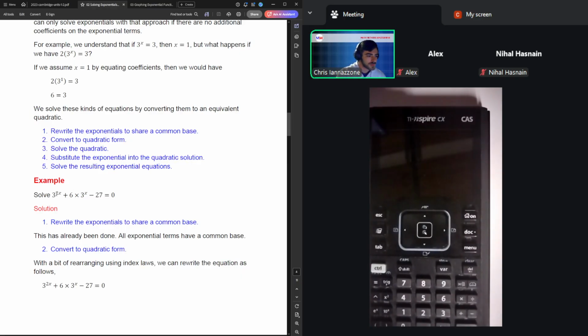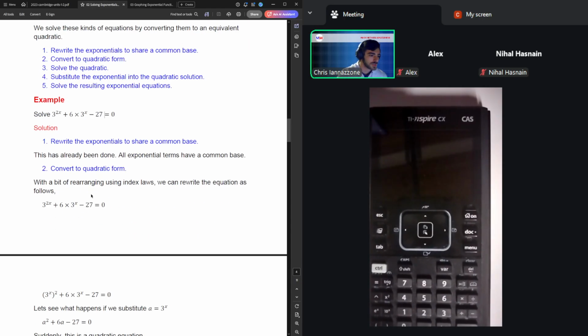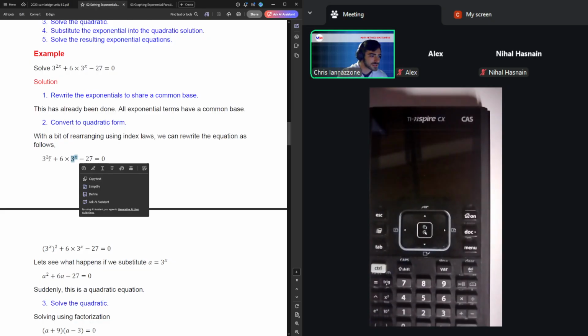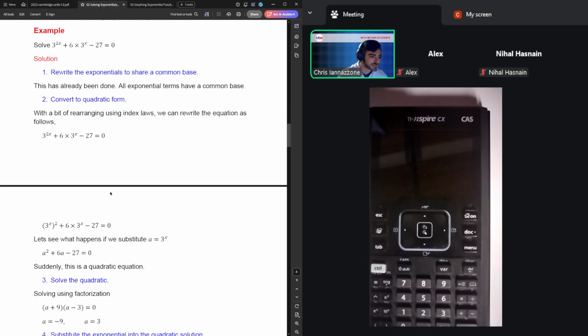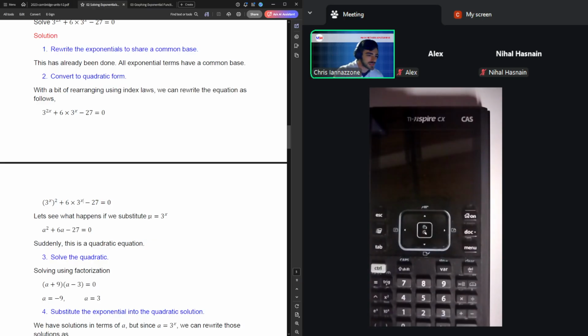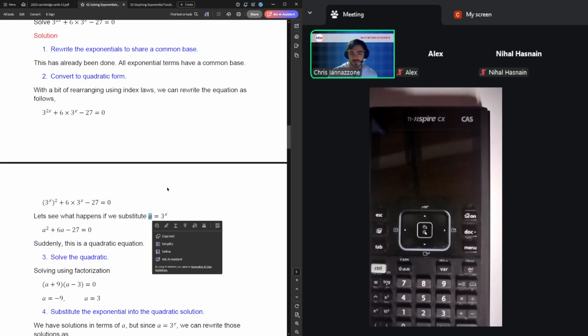When you have that, what you'll notice is that that's similar to how a quadratic works. You know, x squared and x and then a constant. So what we do is we take the simplest form of the exponential that we can, which in this case is just the basic 3 to the power of x, and then replace that with a substitution. In this case I'm going to replace it with the letter a.